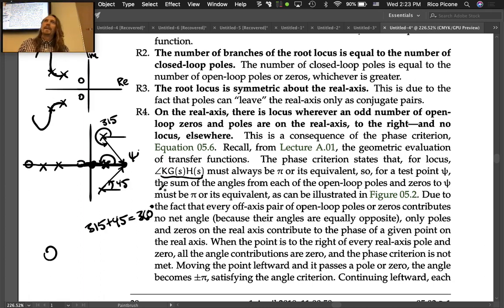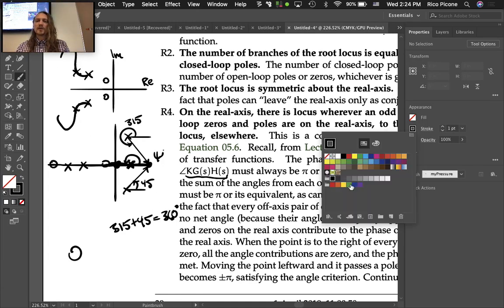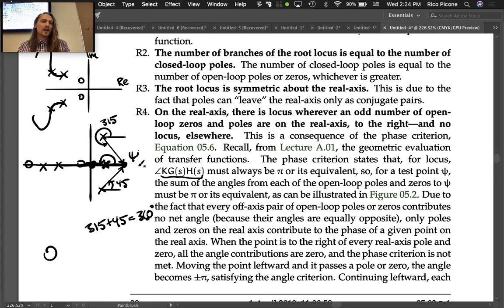So essentially this rule means that if you're marching along the axis, and I'm going to use green for the locus in this case, then out here on the real axis, before you get to any pole or zero, where the first one shows up here, that's our first pole, that's our first zero, there is no locus out here because we have 0 angle criterion. And then in here, the angle criterion is met because its angle is pi. So there would be locus.